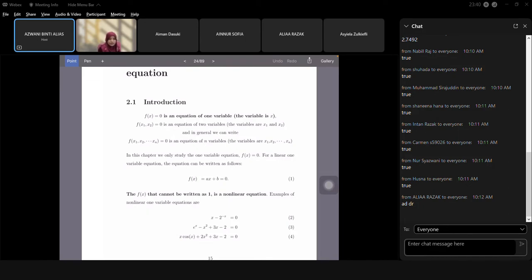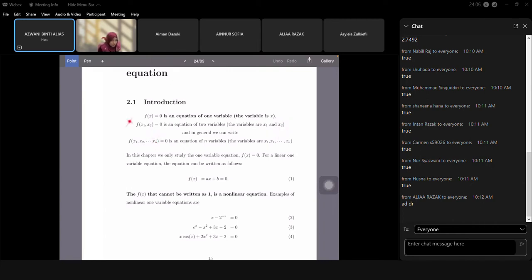If the function f depends on two variables, which are x1 and x2, then this is an equation of two variables, and in general we can write that up to xn.